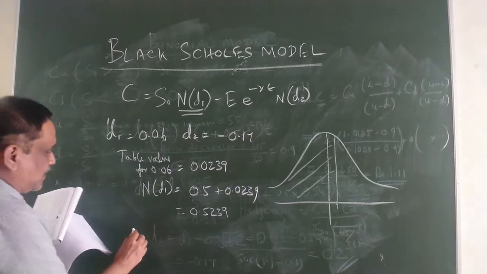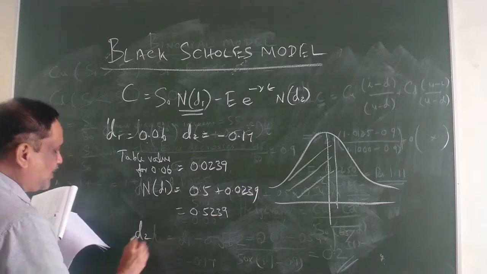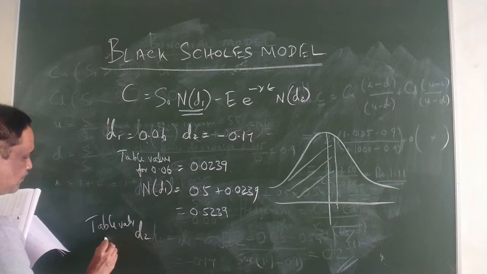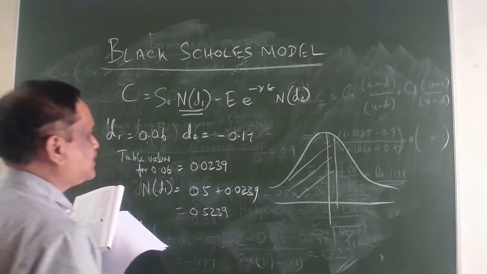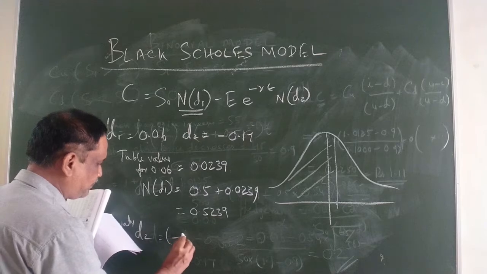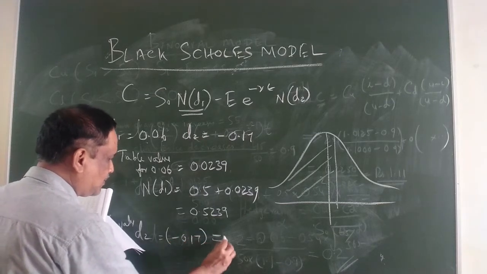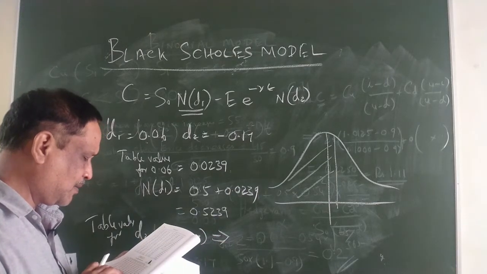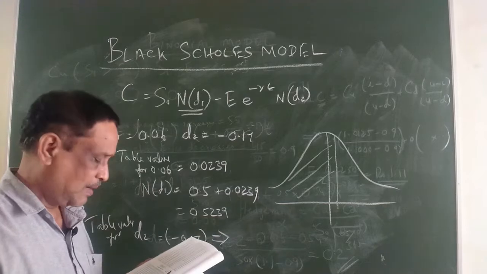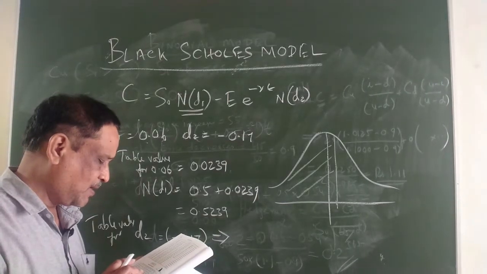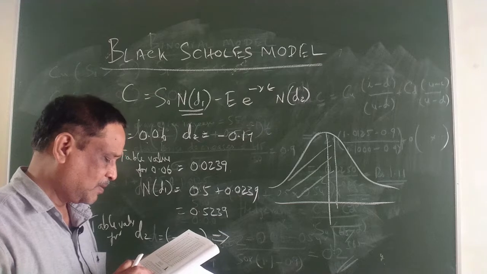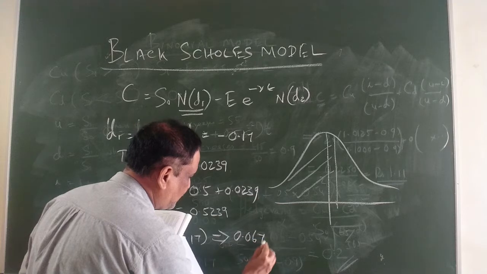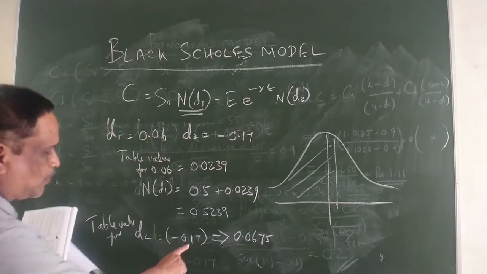Then find out the table value for d2. d2 is minus 0.17. For this, you find the value for 0.17, and I will tell you how to do it. The value for 0.17 is 0.0675.